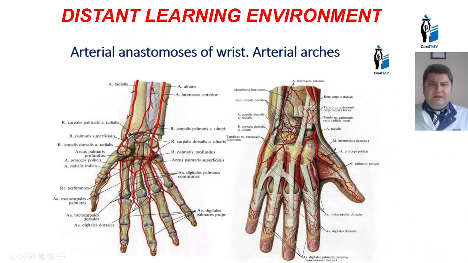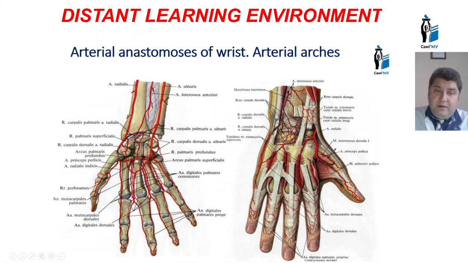And also you must know that it passes at the lateral side of the wrist, and next it passes to the posterior side behind the first metacarpal bone, its basic part, and it passes over this basic part of the first metacarpal bone and returns to the palmar surface of the hand.